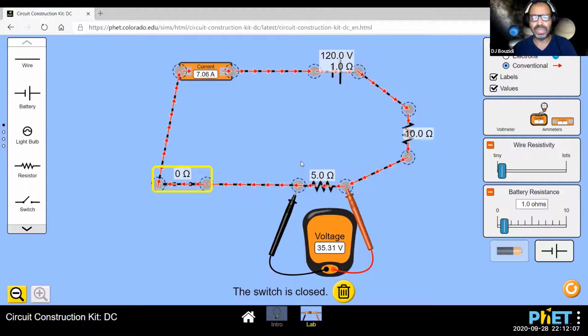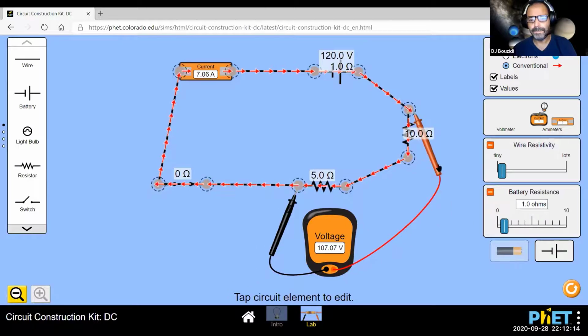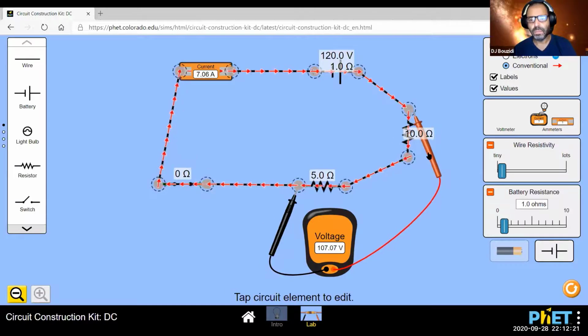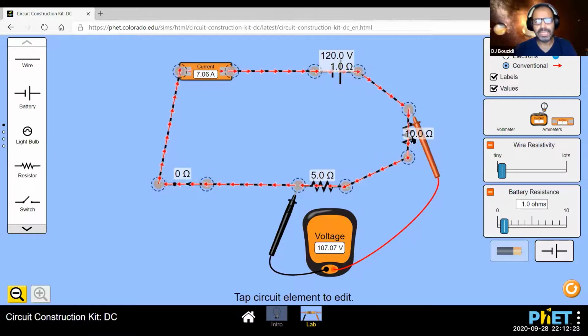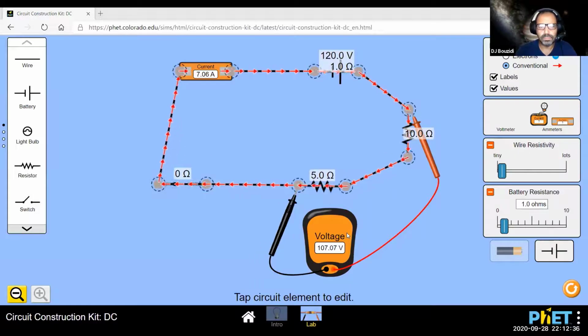And I'm going to measure the voltage across both of them, from end to end. It's 107 volts drop from the first resistor, which is 10 ohms, to the 5 ohm resistor. Let's see here, what are we changing in here? Okay, I'm sorry. We need to add another resistor.